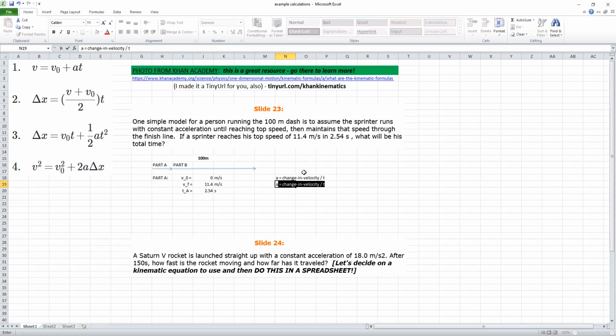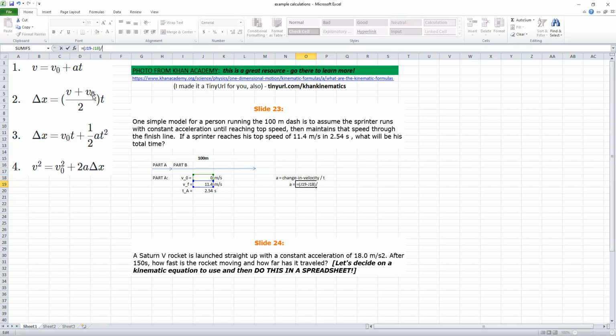And so acceleration is going to equal what? Acceleration will be the final speed minus the initial speed, which happens to be 0, so we technically could ignore it.